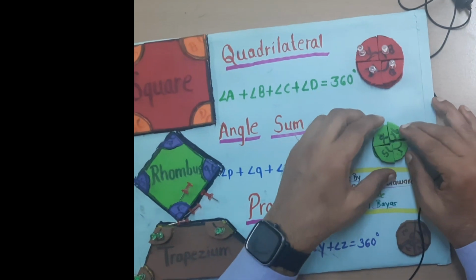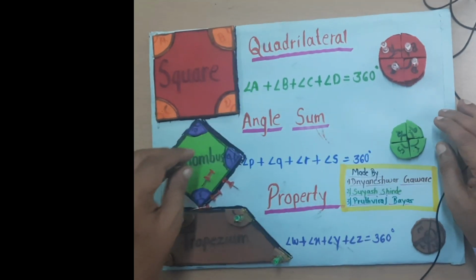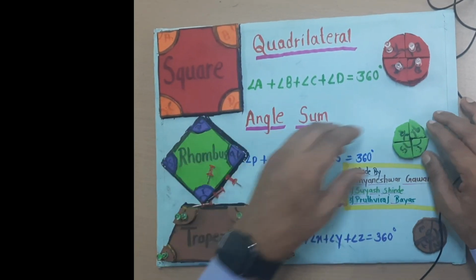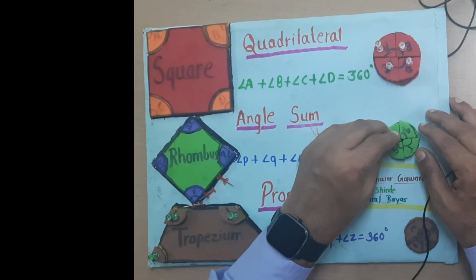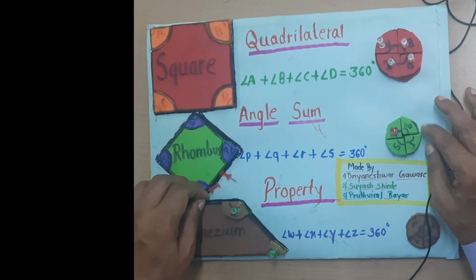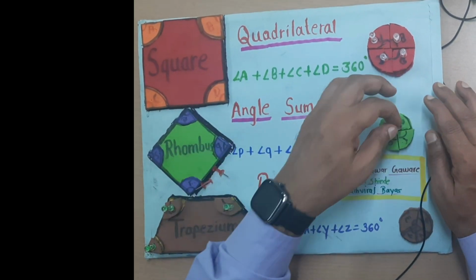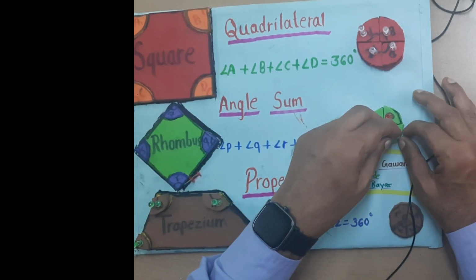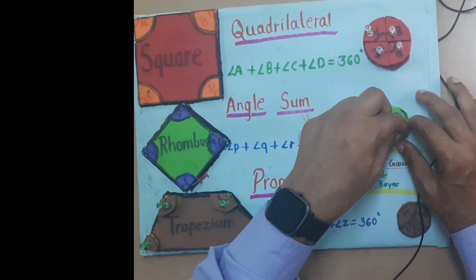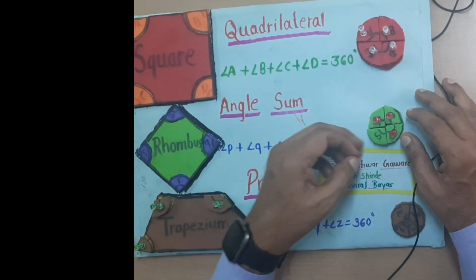So what he wants to say is, he has taken the angle P, you can see here, then angle Q is kept here, then angle R is placed beside that, and angle S is placed here.